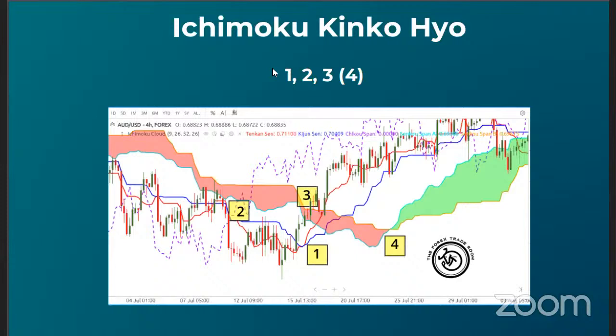So maybe you'll probably cover this, and you actually touched on it a little bit. I am always fascinated with the flatness portion of the lines, the Tenkan and the Kijun. I've noticed that, especially on the longer time frames, and maybe even on some of the smaller ones, price seems to attract.